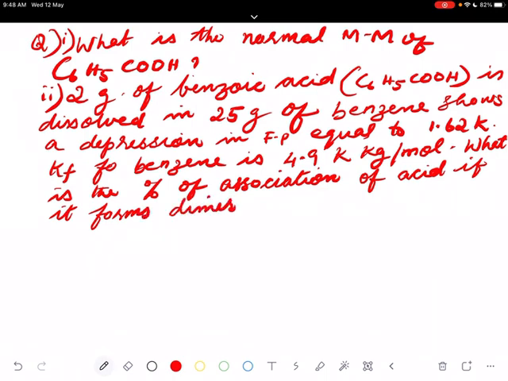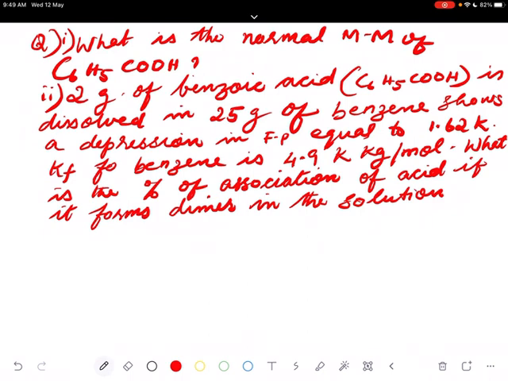Dimer means two molecules together make a single particle in the solution. So this is benzoic acid in benzene. Benzoic acid in benzene, we know it is partial association.